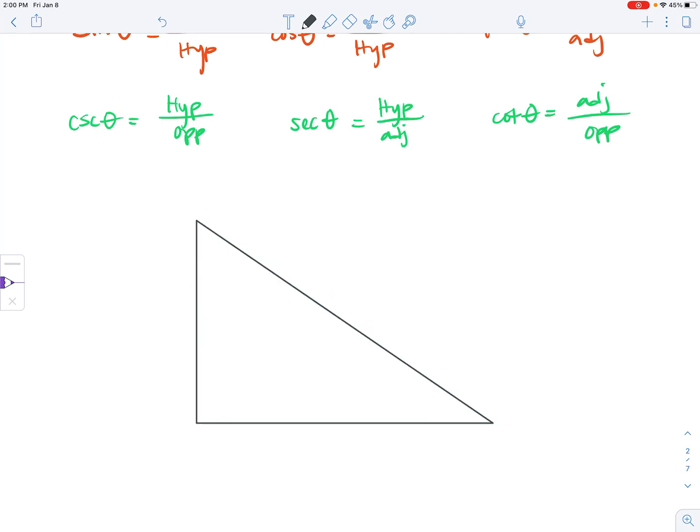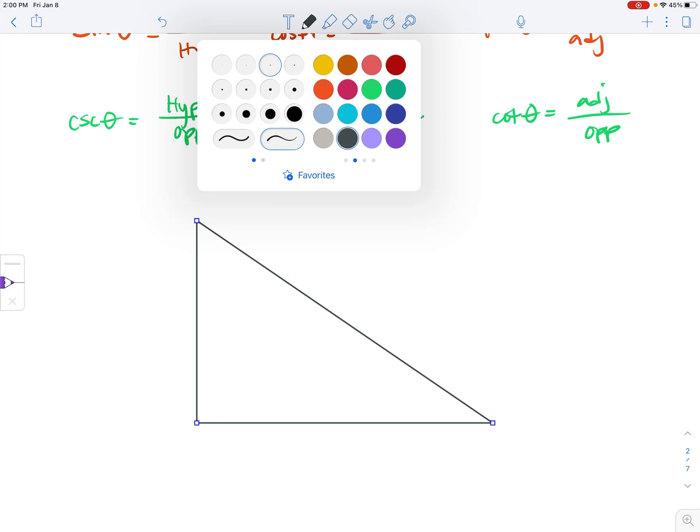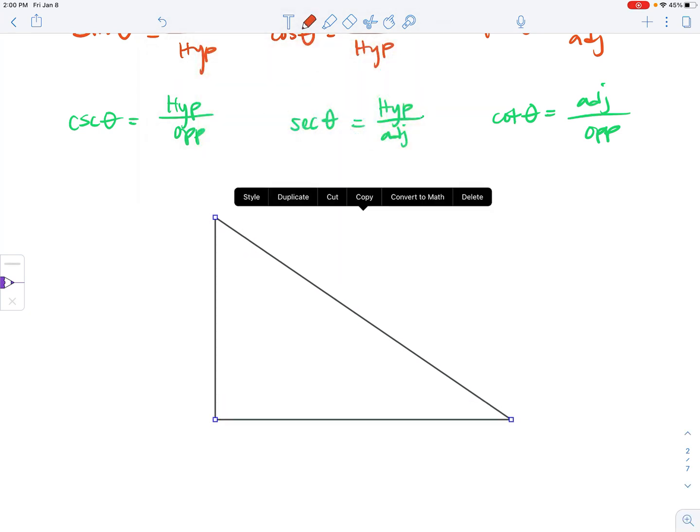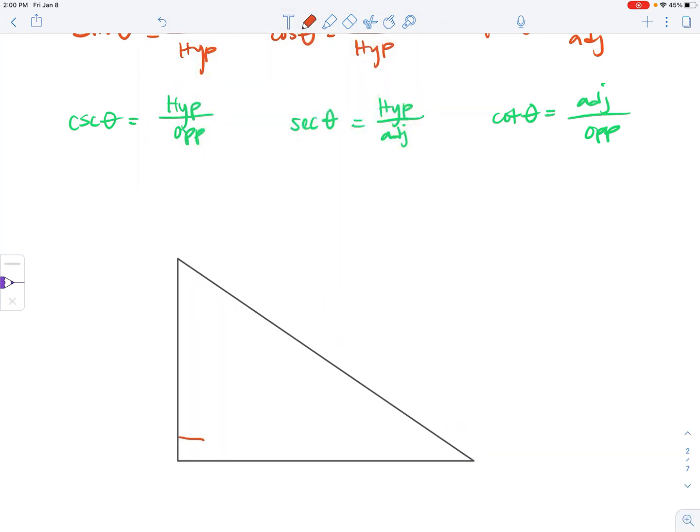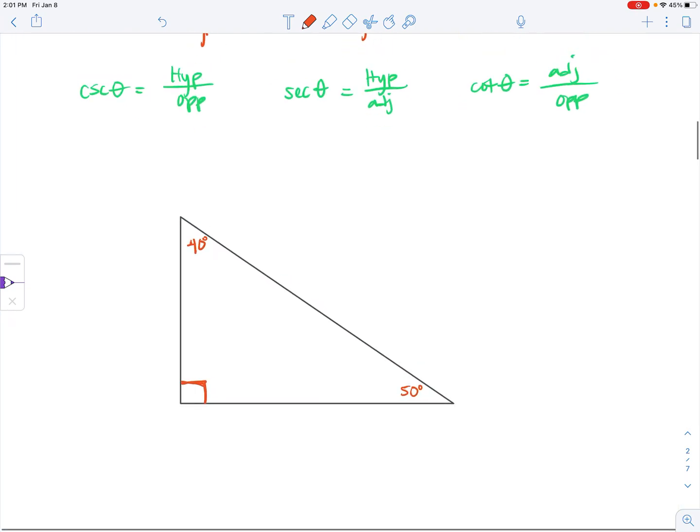And so if you had a right triangle, where we could think of this as the right angle, let's say that this angle is 50 degrees, which would mean this angle would have to be 40 degrees.